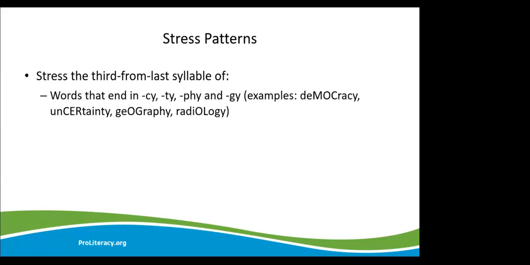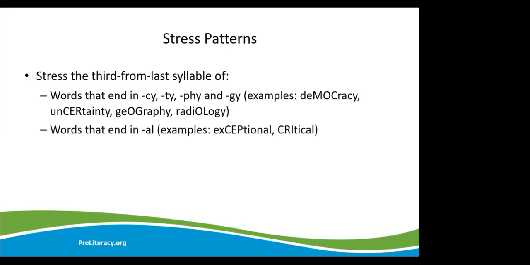There are times where it's going to be third to last, particularly if the word ends in -city, -phy, -gy, democracy, we've pulled in to that third syllable. And then words that end in -al, like critical, exceptional, it pulls into that third to last syllable.